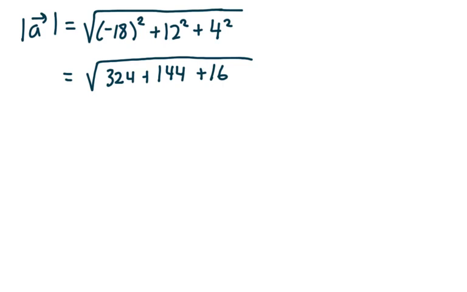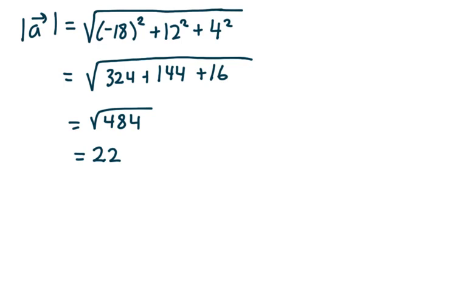And so if I take 324 plus 144 plus 16, I get the square root of 484. And the square root of 484 is 22, it turns out.